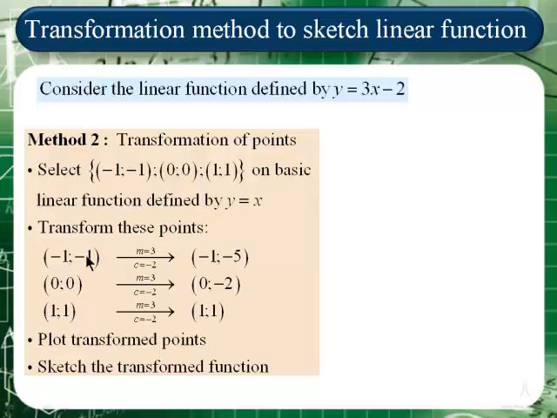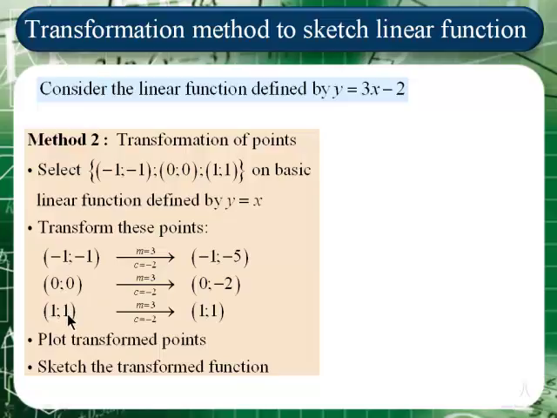What do we do? We firstly multiply all the y components by 3, like in the first case. It becomes minus 3, and then we add minus 2, it's minus 5. Here, if you multiply 0 by 3, it's still 0, and if you then add minus 2, it's minus 2.